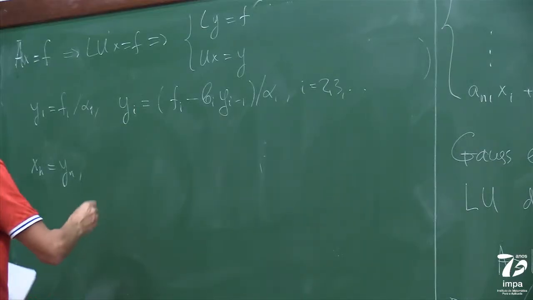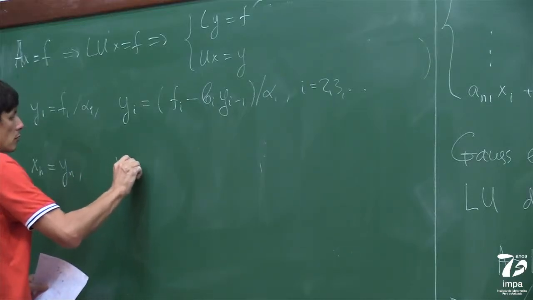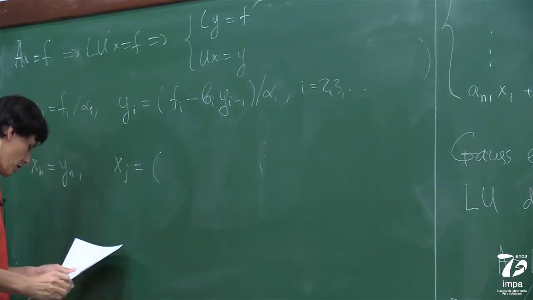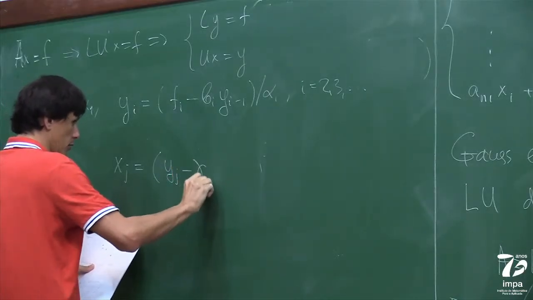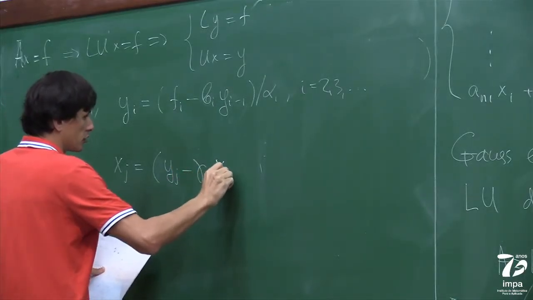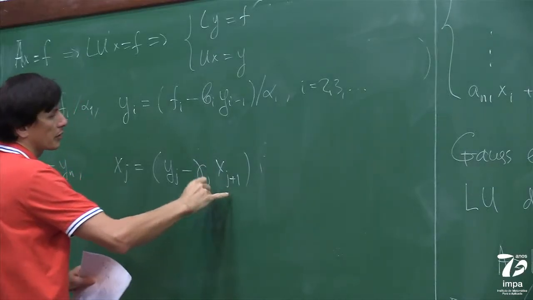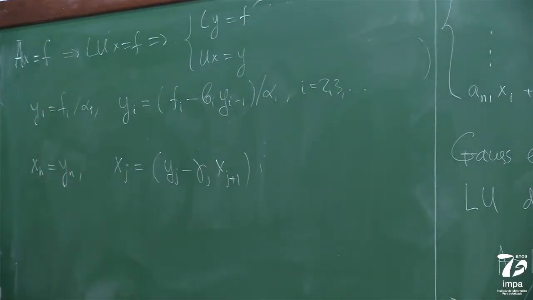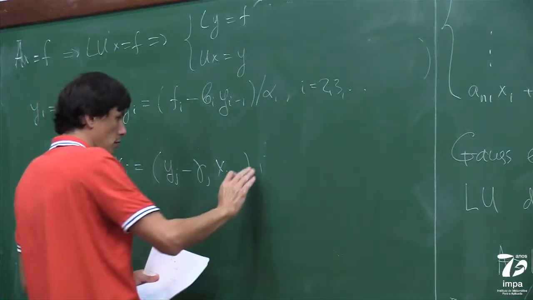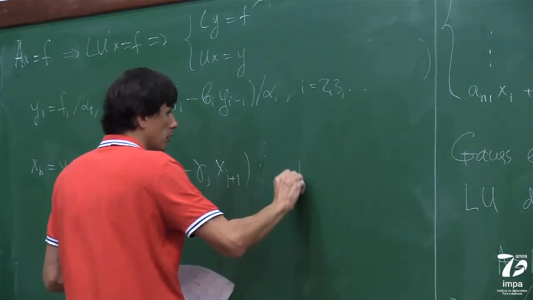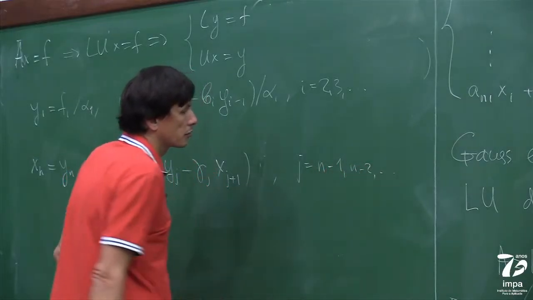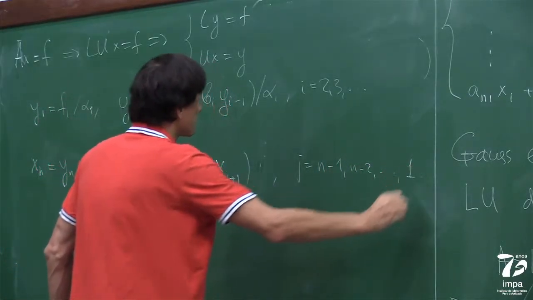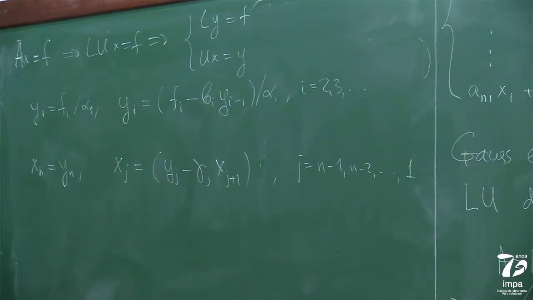Essentially, you can check that the solution will be xj equal yj minus gamma j xj plus 1. Now xj plus 1 we already have because we are making back substitution. We go every time to the smaller index, and j is n minus 1, n minus 2, until you get to 1. So this is the explicit solution.